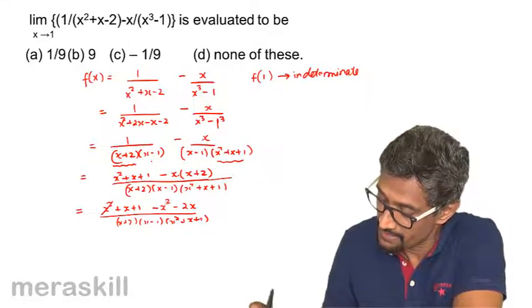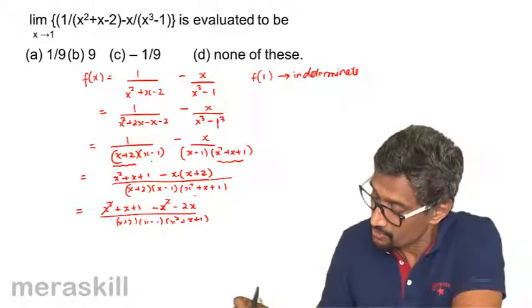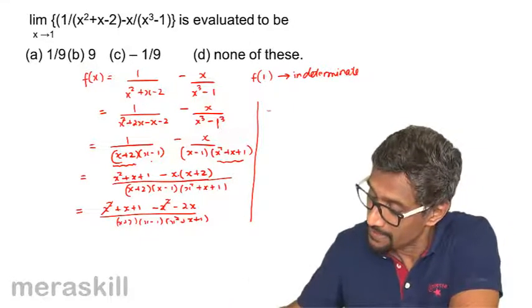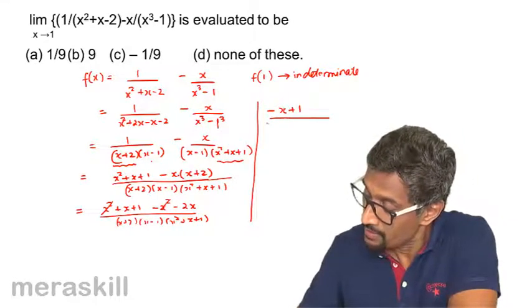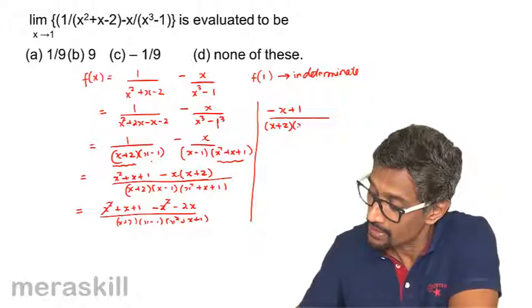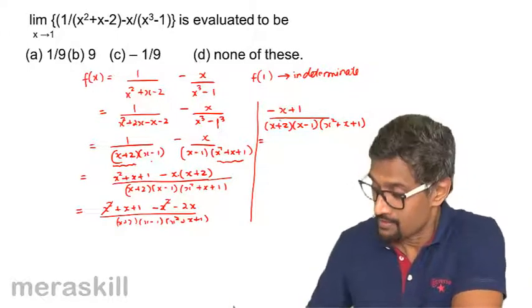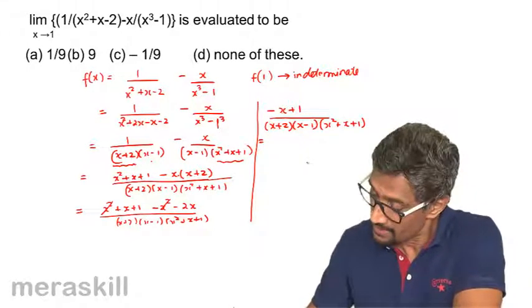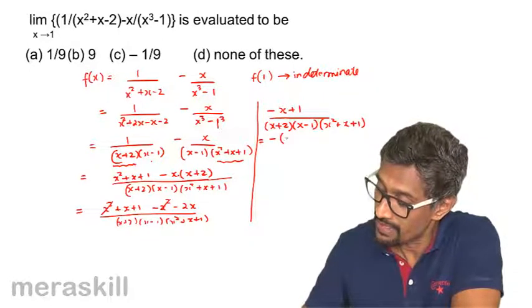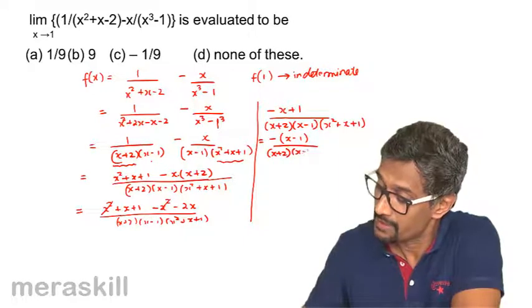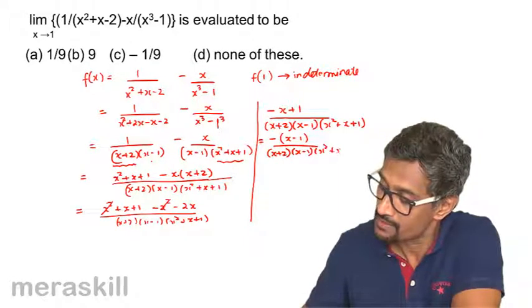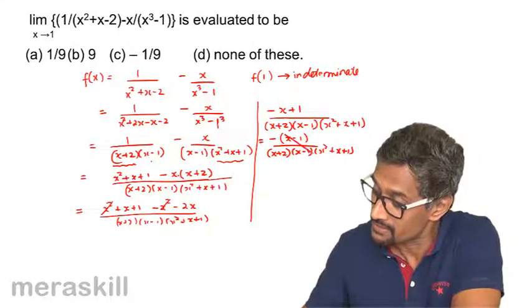So here you have this getting cancelled and ultimately this will become minus x plus 1 upon (x plus 2) into (x minus 1) into (x squared plus x plus 1). Now you can take minus common and you get x minus 1 upon (x plus 2) into (x minus 1) into (x squared plus x plus 1). So ultimately this gets cancelled.